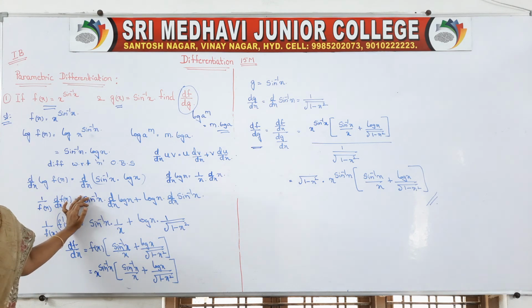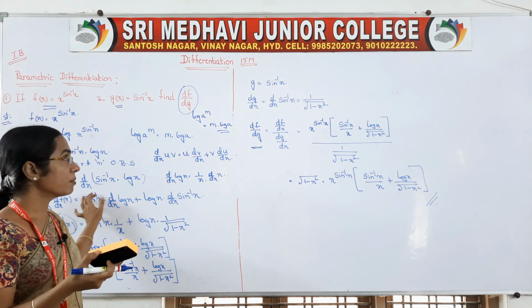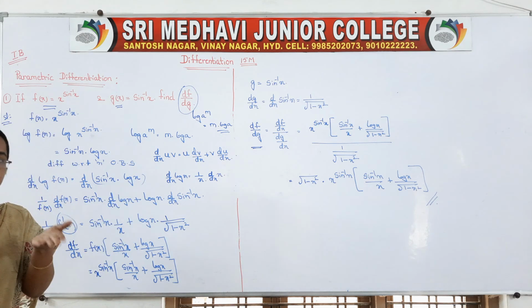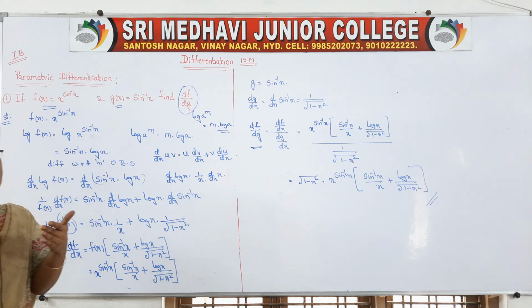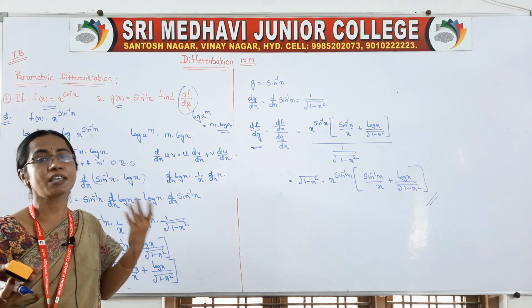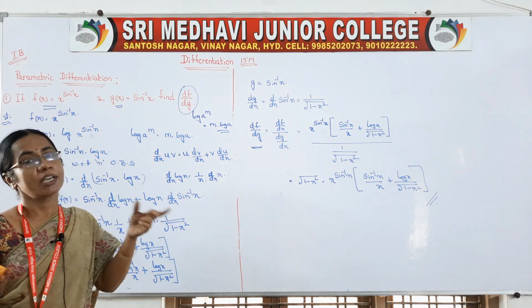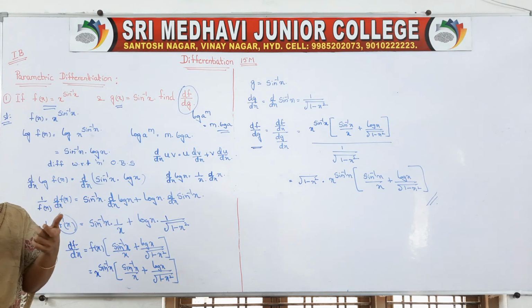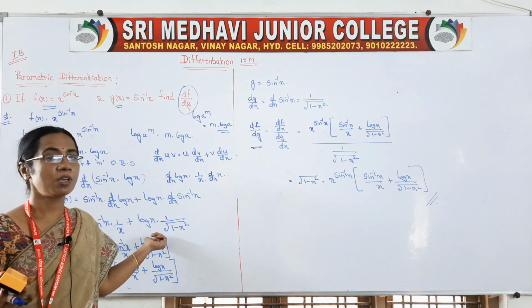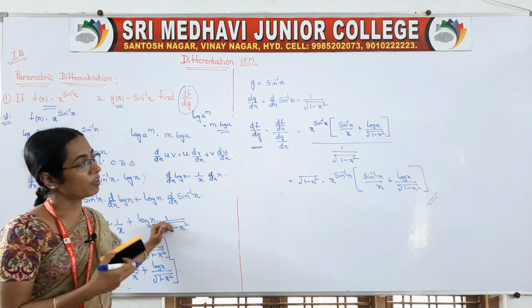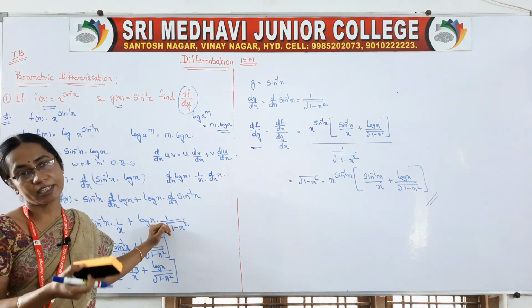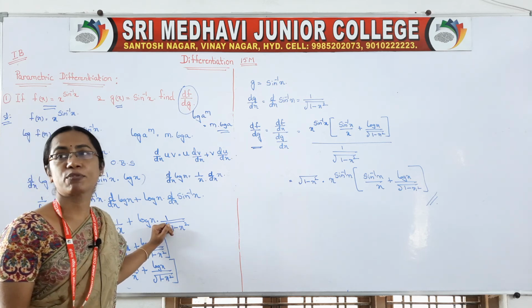What is meant by parametric differentiation? Very simple. Find out the first function with respect to x, the second function with respect to x, then divide them. You will get the derivative of one function with respect to the second function. So practice this problem carefully. Whenever the question is given like that, you have to go for the parametric form.